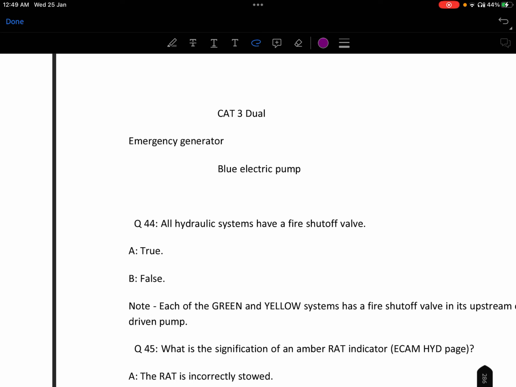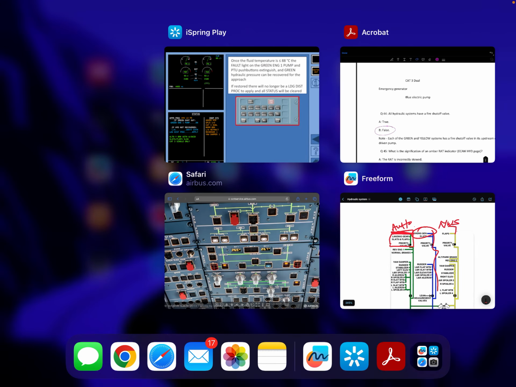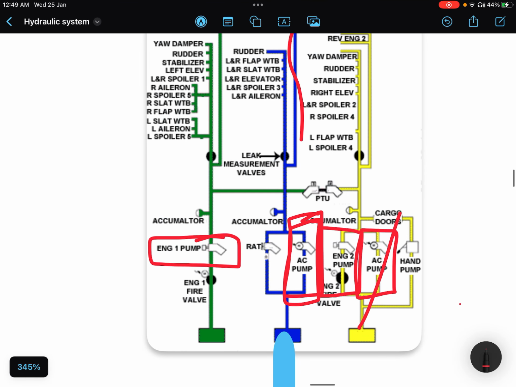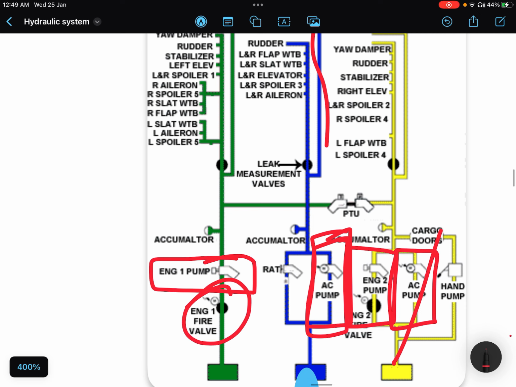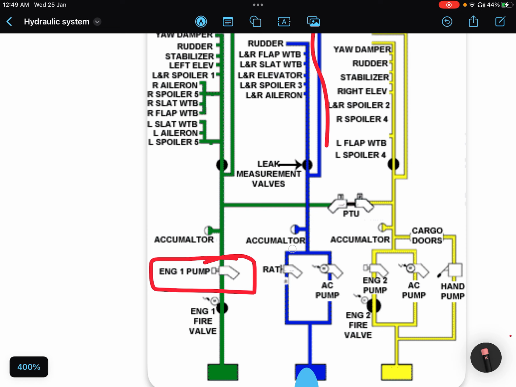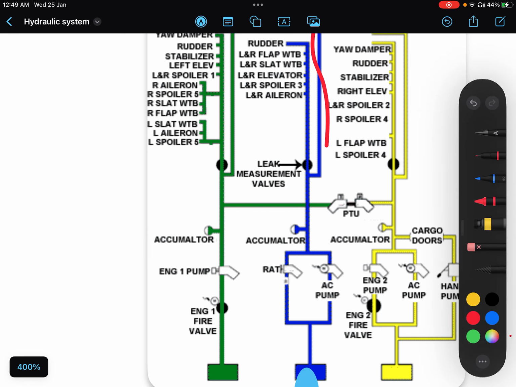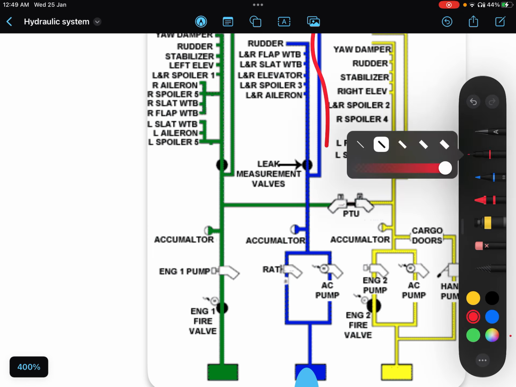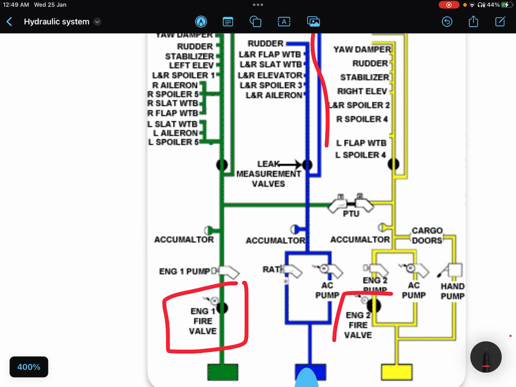Question number 44, all hydraulic systems have a fire shut-off valve? No, it is not like that. Only blue does not have one, but green and yellow have a fire shut-off valve before the engine driven pumps, right? Green and yellow have it just upstream of the engine driven pump. So false, this is wrong.